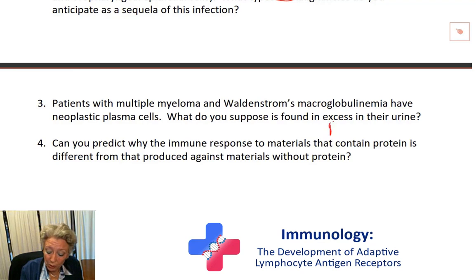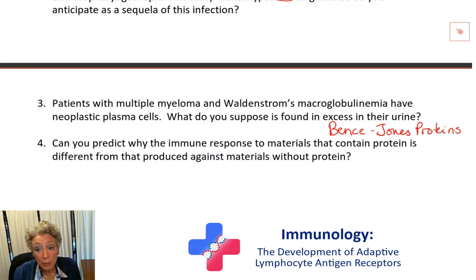And if you recall, we call these Bence-Jones proteins, and they are a signature, basically, of a person who is making way too much antibody because of the malignancy of the plasma cells, and because it overwhelms the kidney's ability to filter, these very small light chains end up in overabundance in the urine.